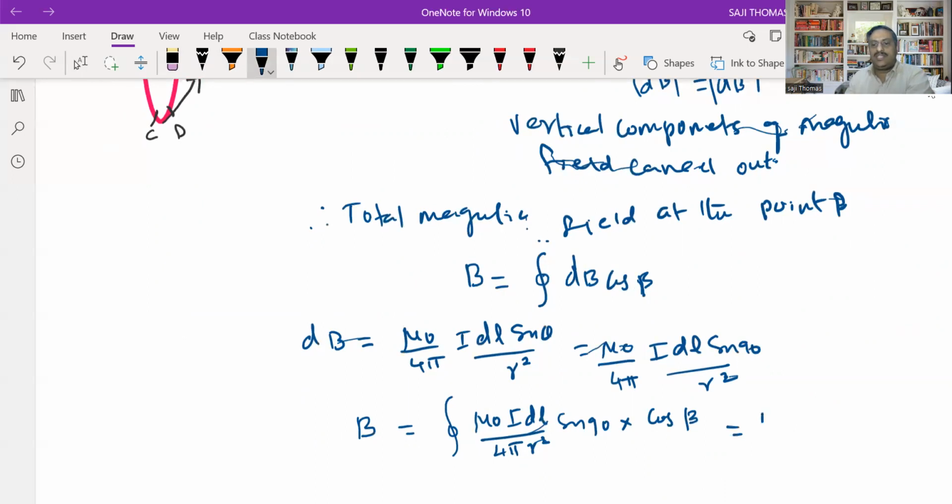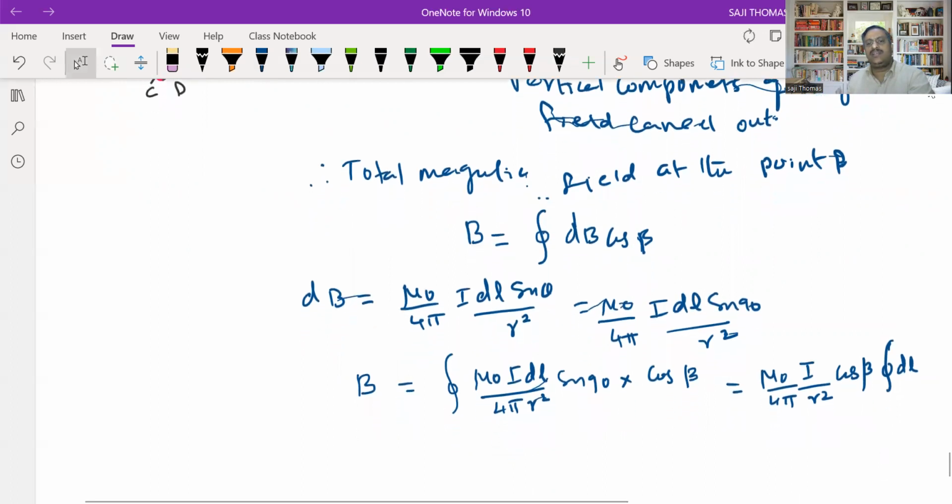So we can take the constant terms out: mu 0 by 4 pi. Current is constant, r square is constant, cos beta is constant. And integral dl: you should integrate all dl over the loop, and you get the total length of the loop, which is the circumference.